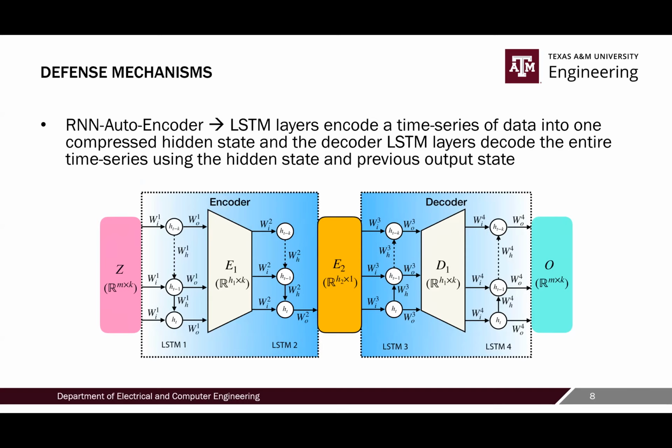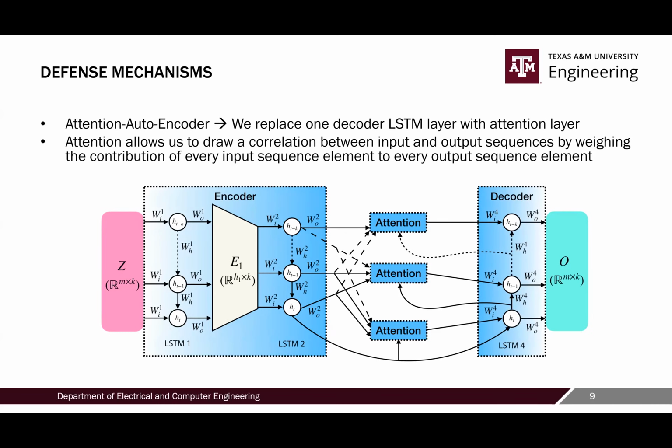The thing in common about all of these autoencoders is that you're taking the input and compressing it to this hidden state and then decompressing it. In this process, the false data injection attacks would become detected. The third defense mechanism that's proposed is what we call the A3D, the attention-based autoencoder.